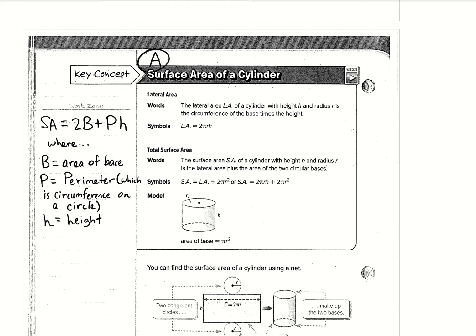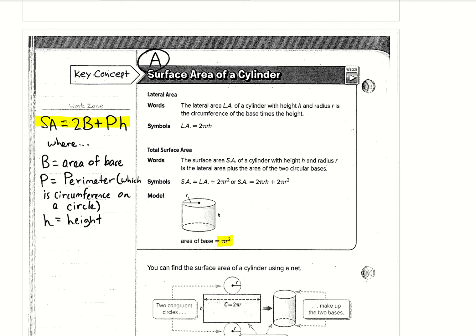The nice thing for the surface area of a cylinder is that the formula, if you decide to use it, is the exact same as the formula for a rectangular prism. We have 2 times the area of the base. For a cylinder, that's always going to be the circle. That will always be our base, so find the area of that, which is pi r squared.